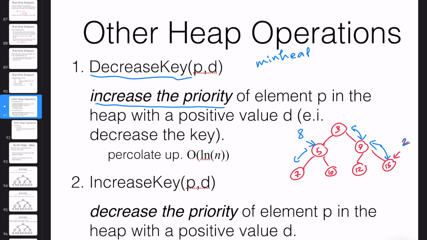And if you increase the key, like the 5 that has been changed to 8, because this is a min heap, it is going to decrease the priority, so you have to percolate it down. I think it is clear how to implement these methods, because they are basically just percolate up and down.